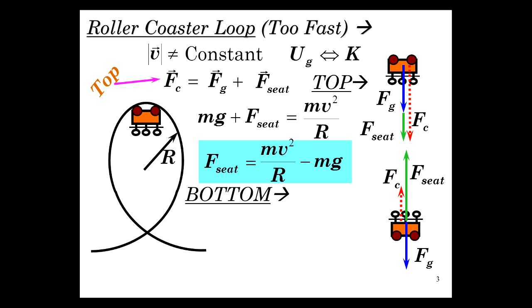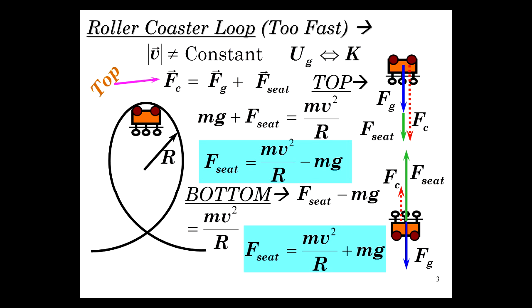So we have Fc, depending on how fast you're going and the radius of curvature, so I'm showing it of that size. And if you look at it, it's the sum of the forces. So the sum of the forces is F seat in the direction of the net force, which is Fc. F seat minus Fg in the opposite direction gives you the centripetal force, which is mv squared over r.